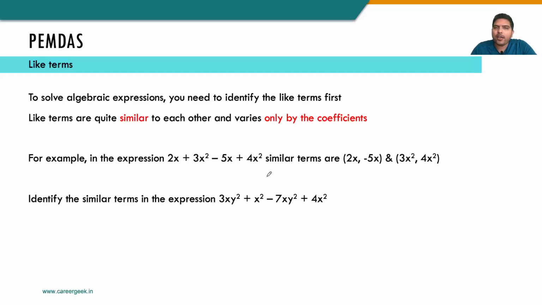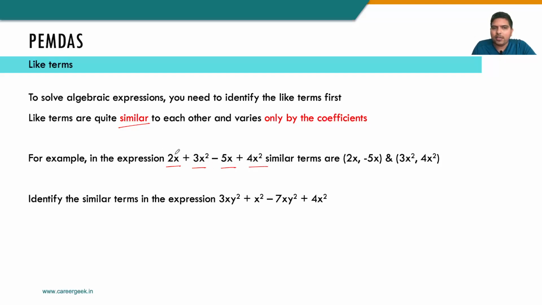Now to add or subtract the variables, you need to identify the similar terms or the like terms. Okay. Now what are similar or like terms? Important, their variables have to be same. Like in this example, you see this expression, there are 4 terms, 2x square, 2x, 3x square, 5x and 4x square.